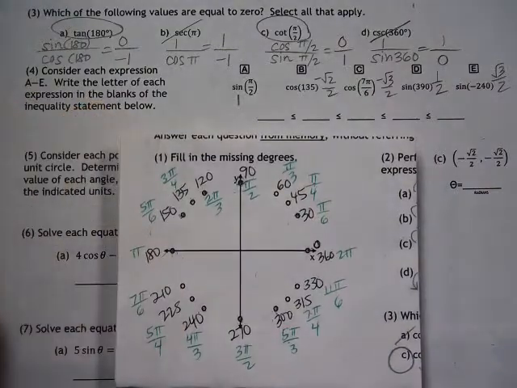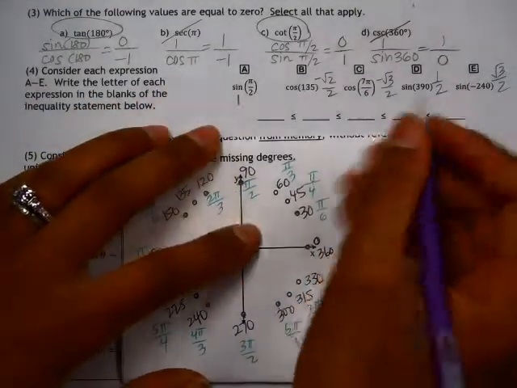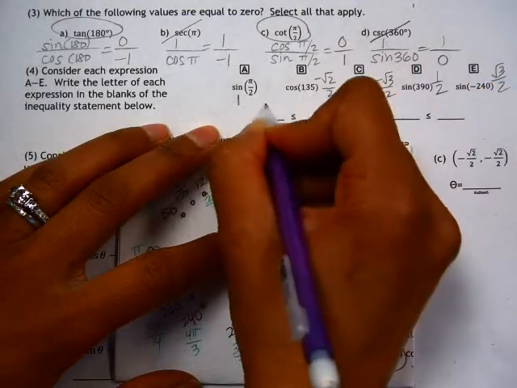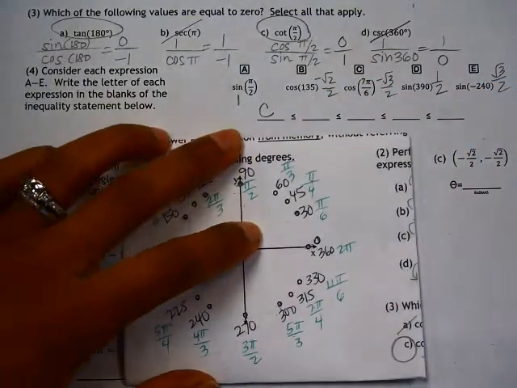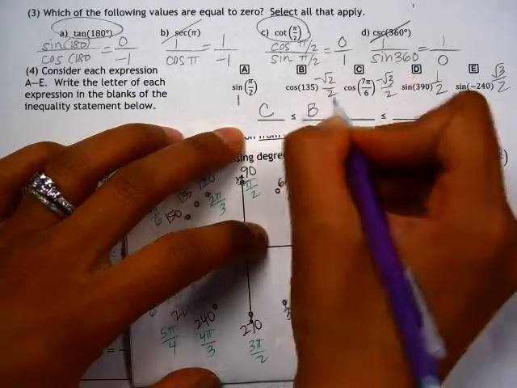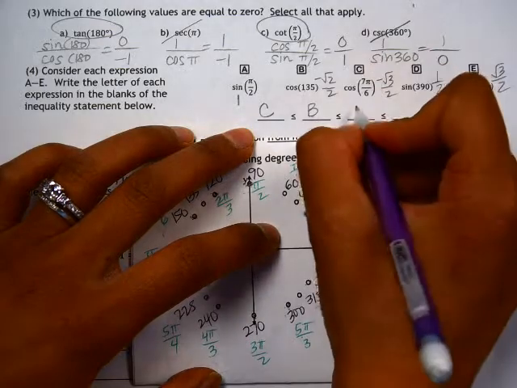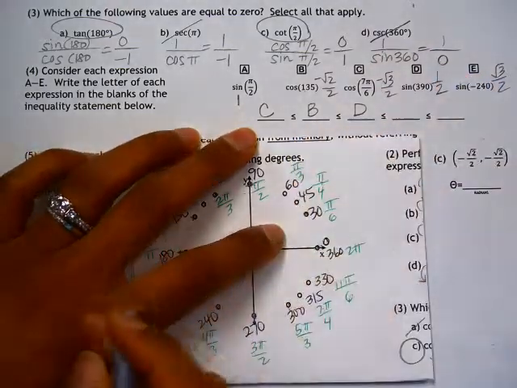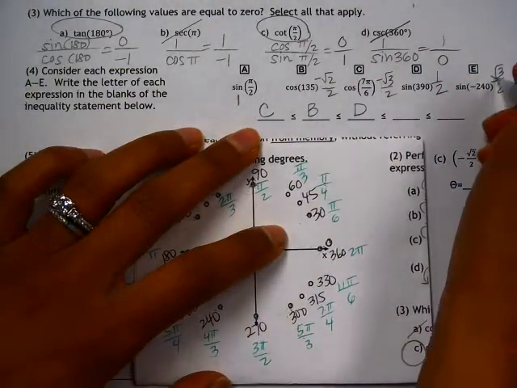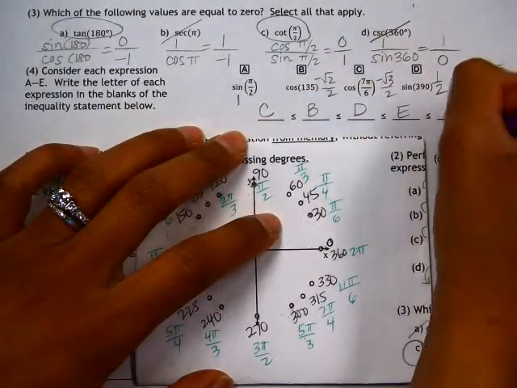So if we're ordering these from least to greatest, the smallest value here is -√3 over 2, which is C, followed by -√2 over 2, and then 1/2, √3 over 2, and 1.